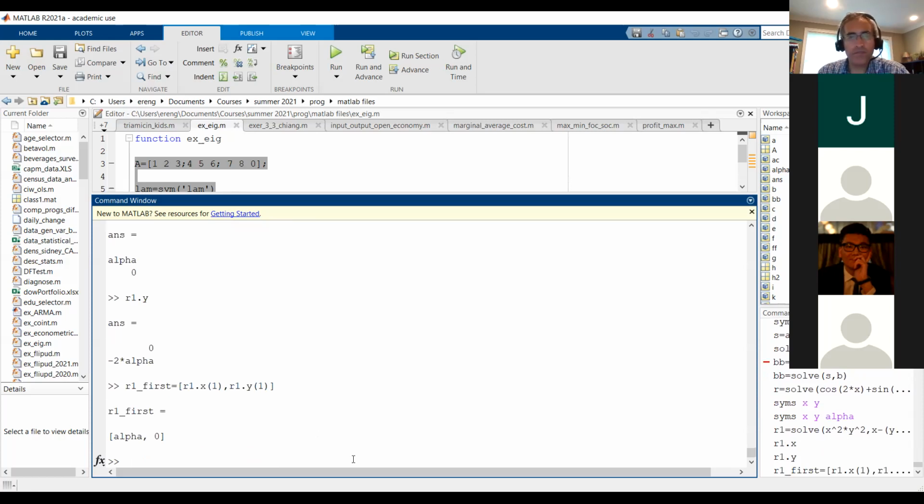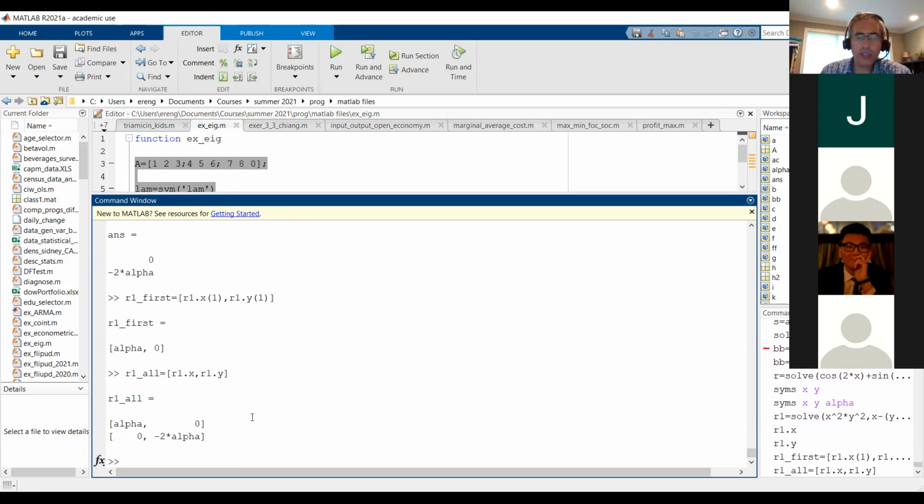And here you go. So it is like normal matrix algebra. Then if you want everything, of course, you can do R1X, R1Y. You can call this all. Then you have it.